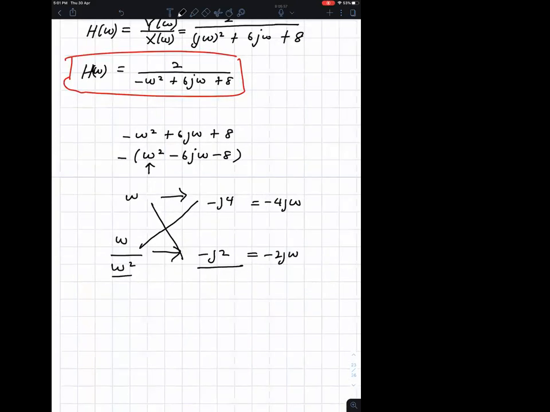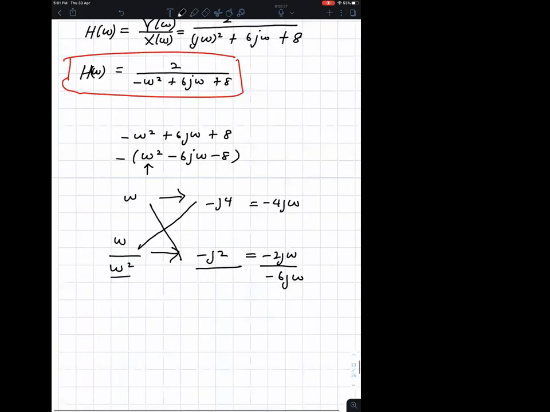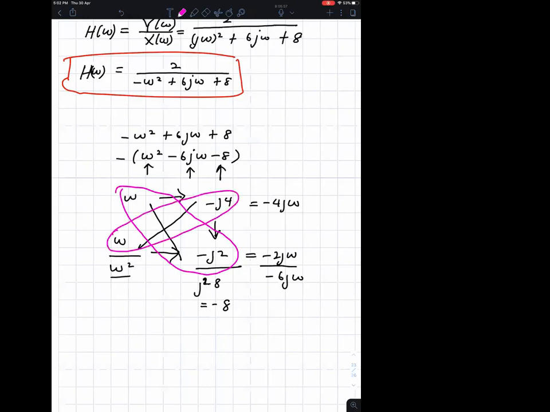If you add them together, you will get minus 6j omega. Check. If you multiply these two guys here, you will get j squared times 8, and j squared is minus 1, so minus 8, right? Check. Therefore your factors are omega minus j2 multiplied by omega minus j4.